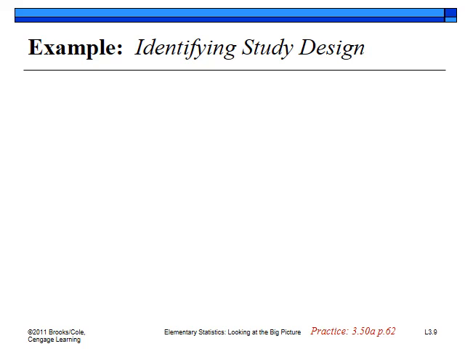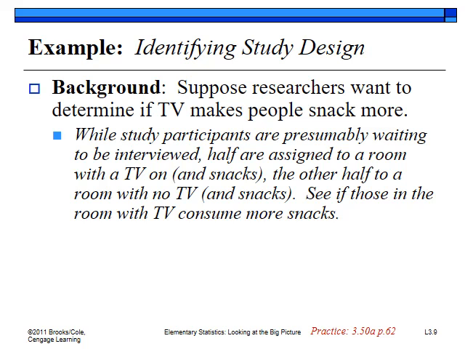Let's look at an example. Suppose researchers want to determine if TV makes people snack more. While study participants are waiting to be interviewed, half are assigned to a room with a TV on and snacks available, the other half to a room without a TV on and also have snacks available.